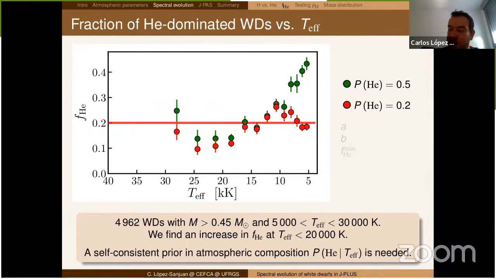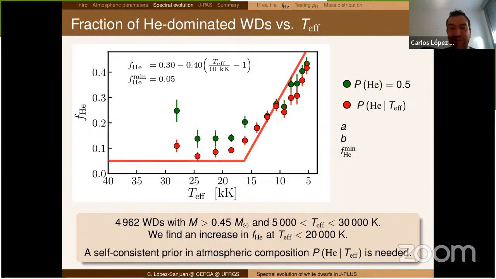So how can we solve this problem? For that, we did what is called a hierarchical Bayesian model, in which instead of assuming a prior, what we assume is a functional form for the prior. And the parameters of that functional form are fitted with the data.